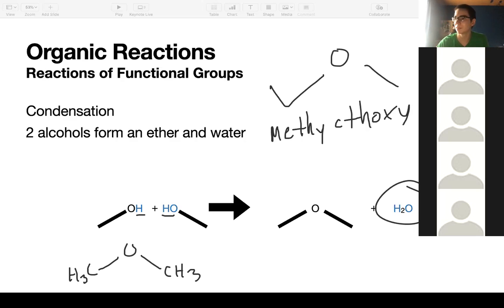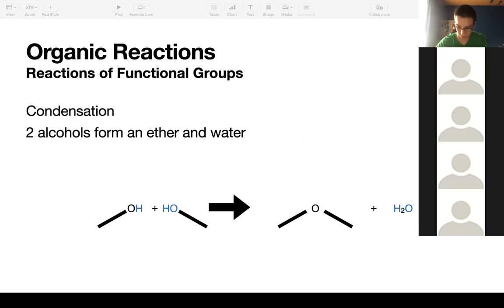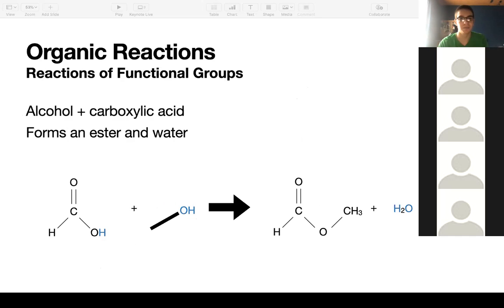Alrighty. So I think we have one more reaction. This last reaction is a reaction between an alcohol and a carboxylic acid, and this will give us an ester and water. Once again, I colored some things so you can see where the water comes from.